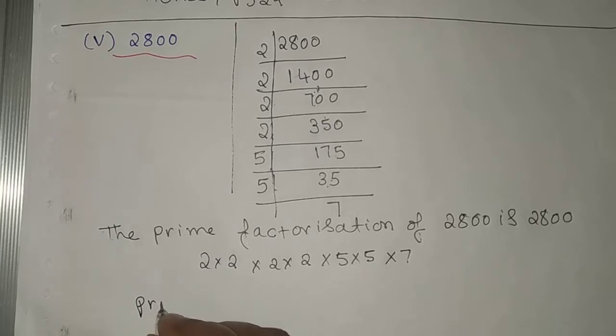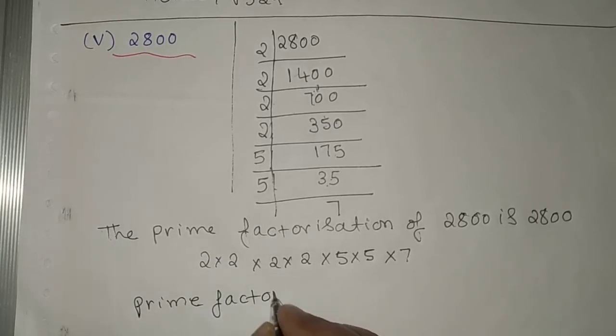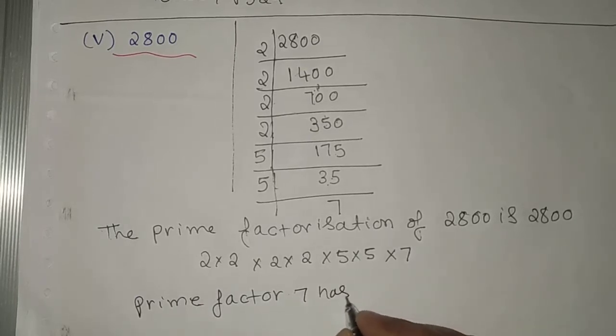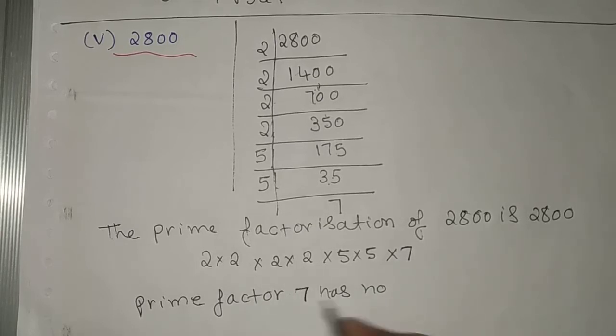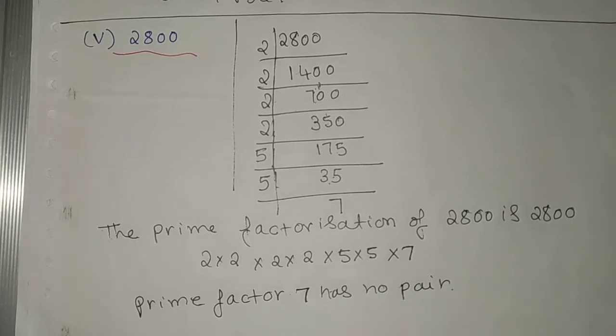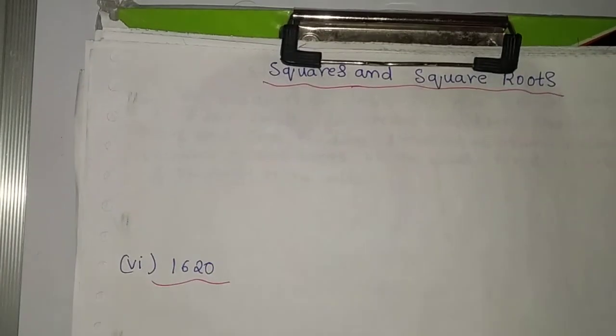So next we write: prime factor 7 has no pair. We'll move on to the next sheet.